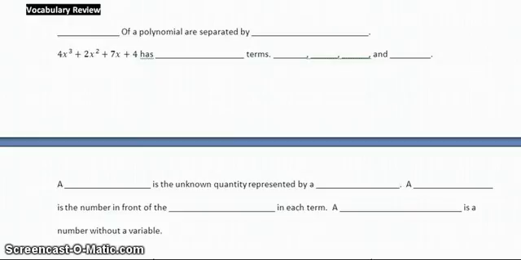This is just simply a review of some vocabulary. We did this back in our Algebra 1 unit, but I just wanted to refresh everybody's memory. First off, terms of a polynomial are separated by addition.